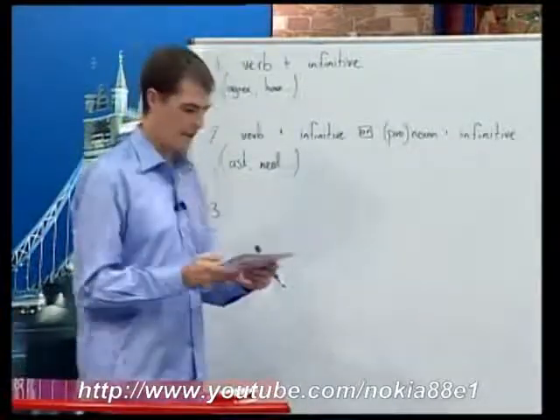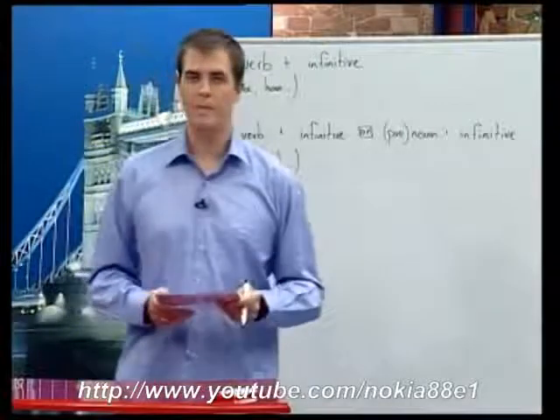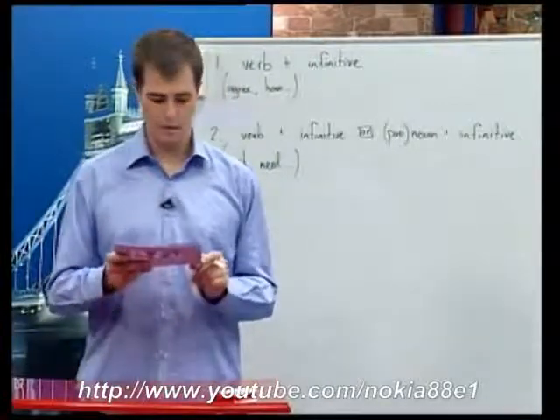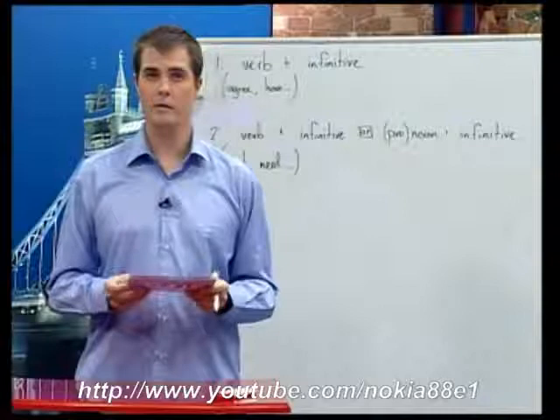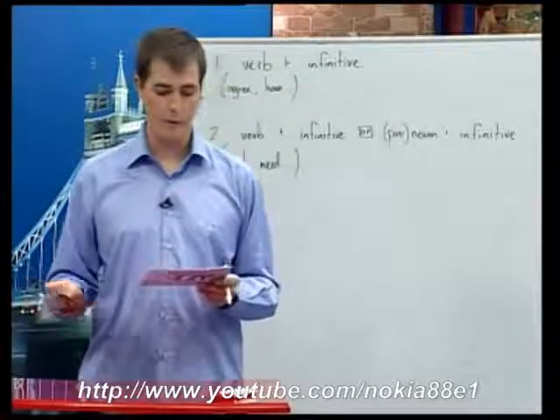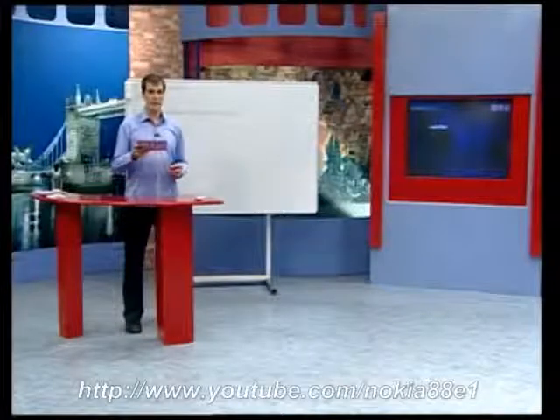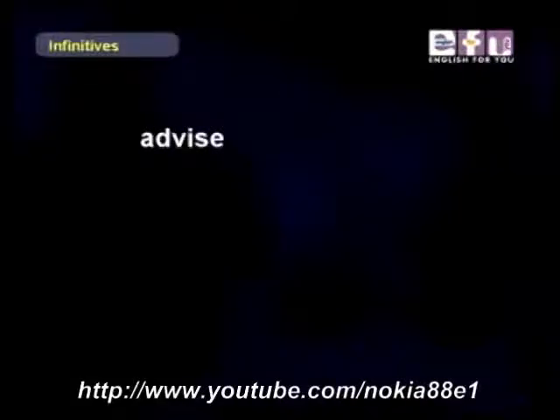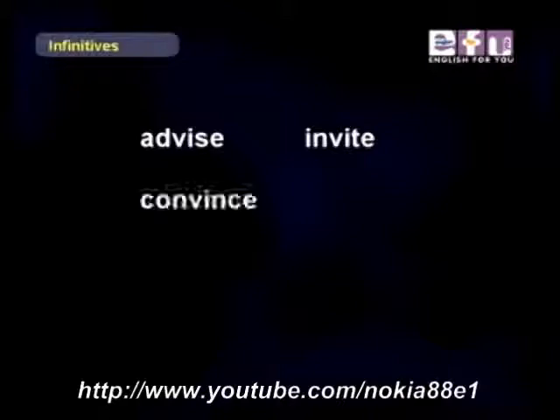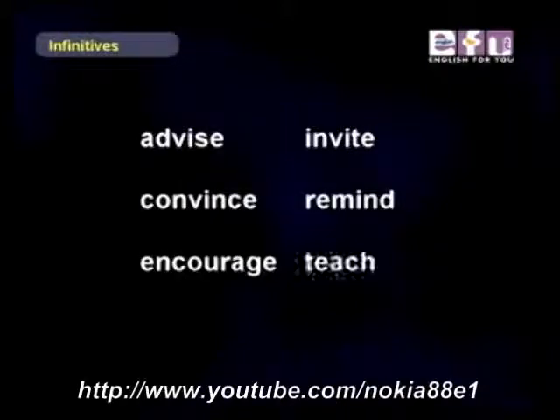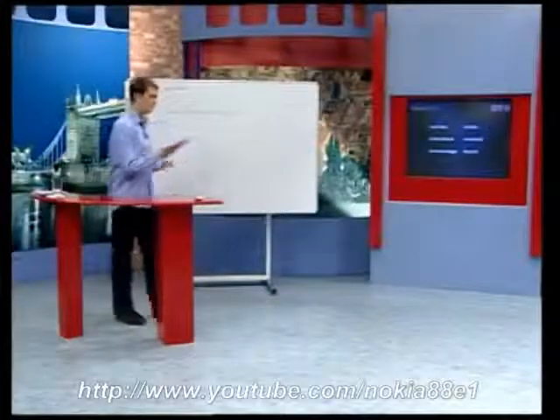Okay, we have a third example. Some verbs must be followed by a pronoun or a noun before an infinitive when they are in the active form. Some examples of these verbs are advise, invite, convince, remind, encourage, and teach. And let's put that form on the board.